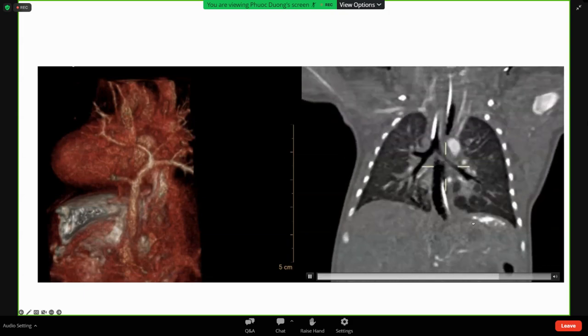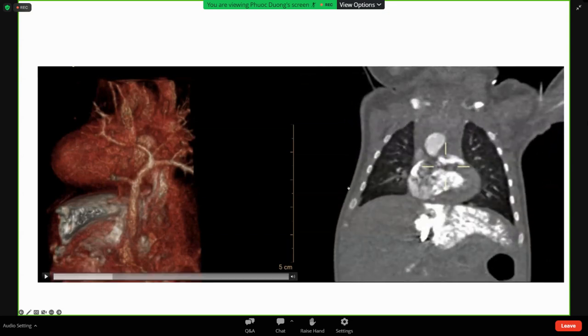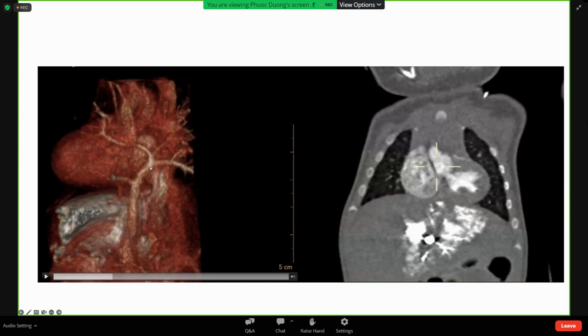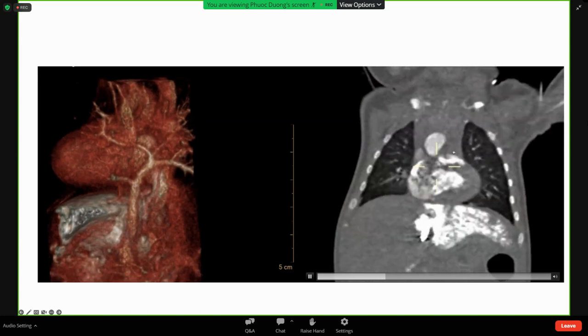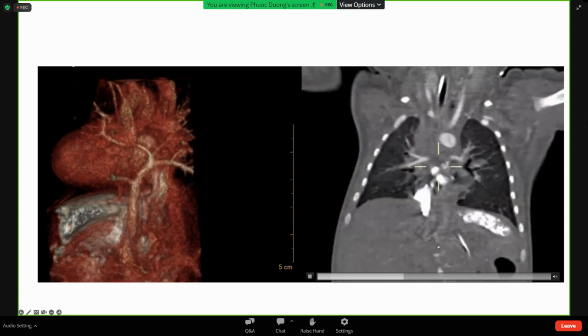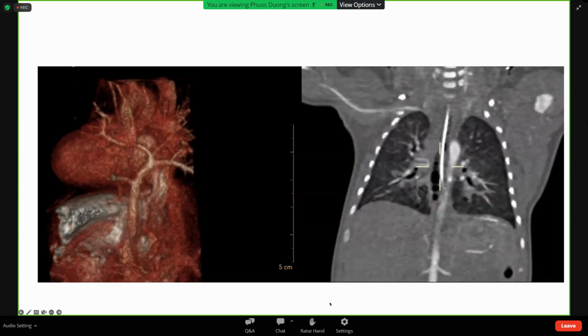We still discussed in our case conference, and we said that this is potentially very challenging to manage, because when we fix the pulmonary vein confluence, that could make the MAPCAs very hard to be mobilized subsequently. And this baby's family, due to other additional risk factors, decided not to go for surgery.